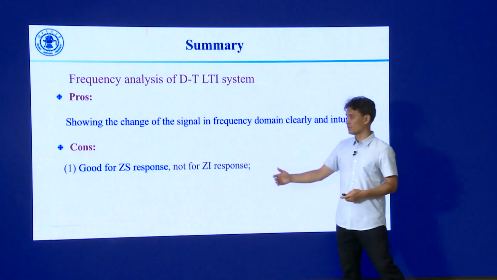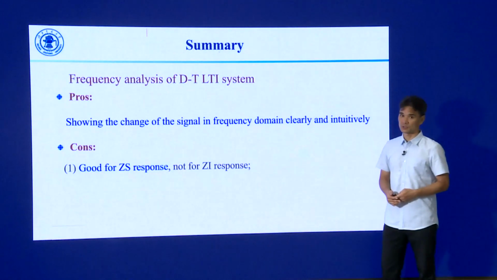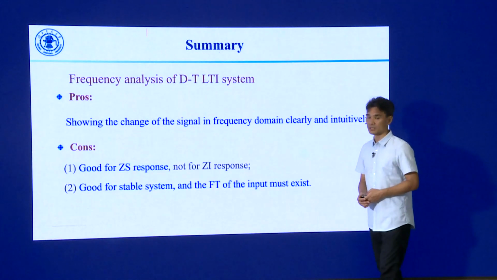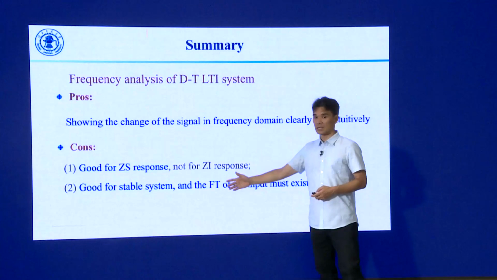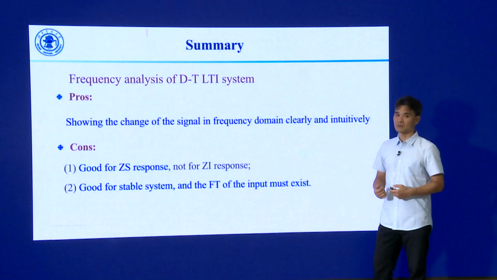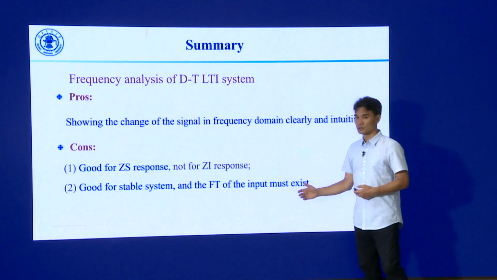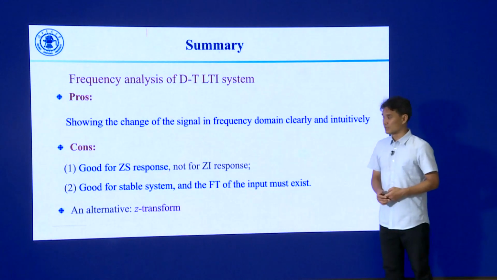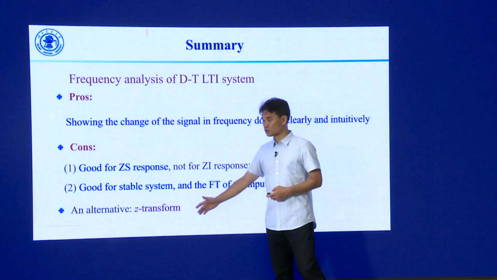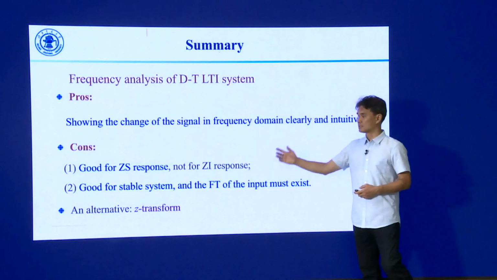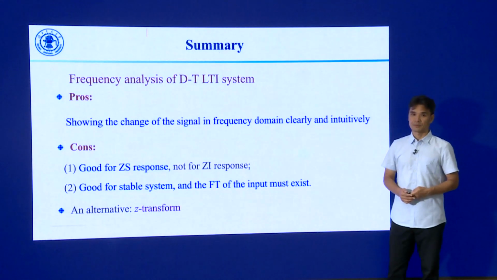We cannot do anything for the zero input response using the current frequency approach. Another limitation is for unstable systems, because the discrete time Fourier series may not exist, so we cannot use the Fourier approach to analyze those kinds of systems. In the following chapter, we will introduce a new method, the Z-transform, to help us address these limitations. Thank you.